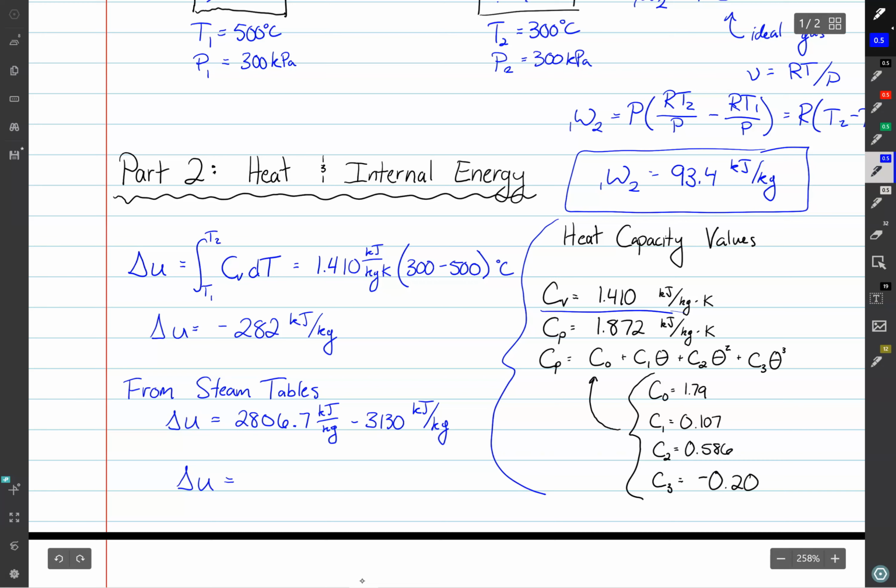So delta U would have been equal to negative 323 kilojoules per kilogram. So we're not super close.